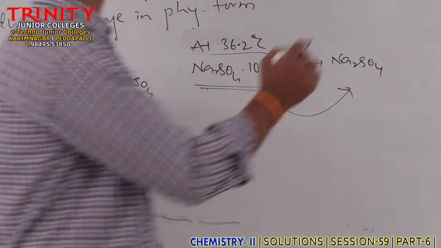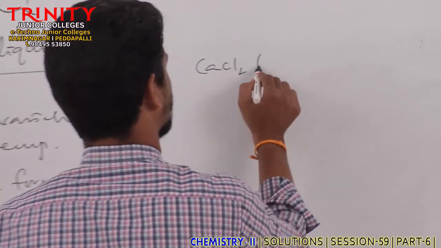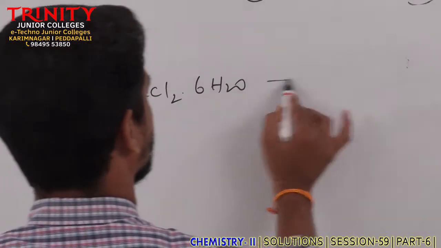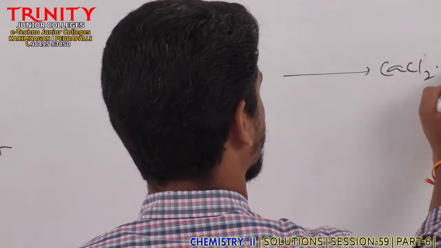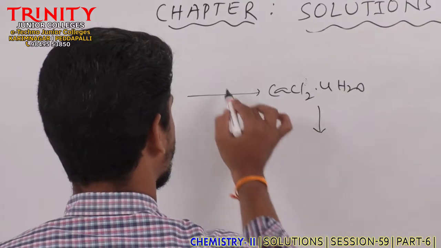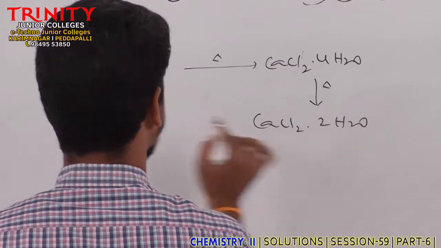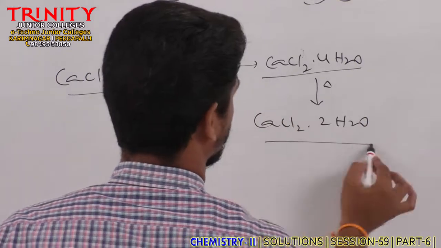Similarly, if you take CaCl2 6H2O, on heating it converts into CaCl2 4H2O. On further heating it converts into CaCl2 2H2O. So these three will show different kinds of solubilities.